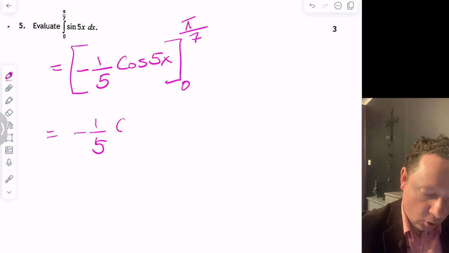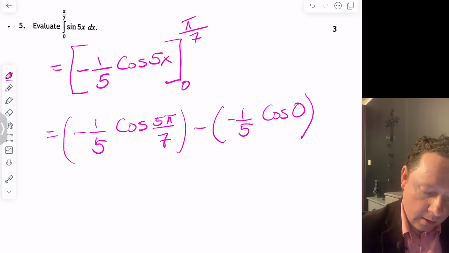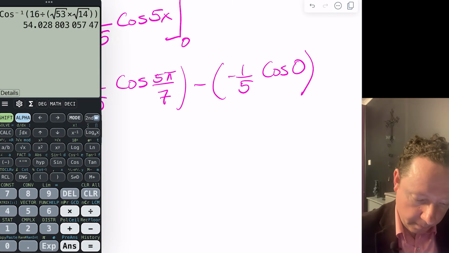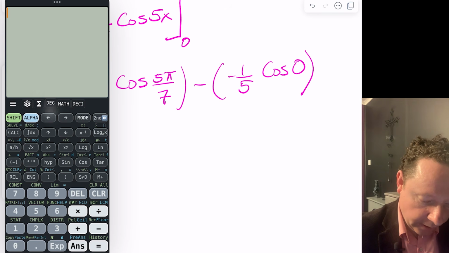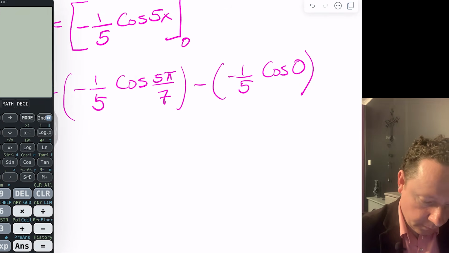So now I just sub my numbers in as per usual. -1/5 cos 5 pi/7. That's one of them. Take away -1/5 cos 5 times nothing. I'll just put nothing in. Now, not expected to know these. Calculator job. Make sure I'm in radians. So let's just check it's -1/5 at the front, right?